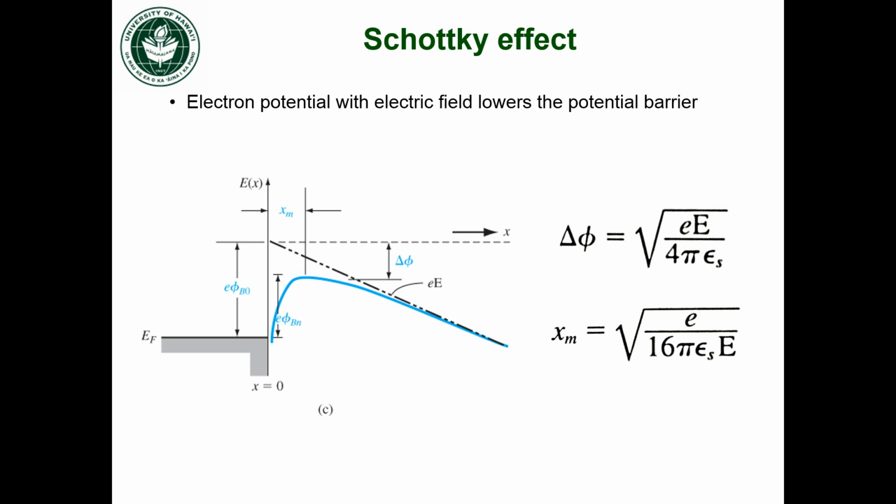And instead, in order to figure out the value of that potential barrier, so phi sub Bn is the non-ideal value, we're going to look that up in figure 9.5 of your textbook, which shows the experimentally measured values of this potential barrier here.